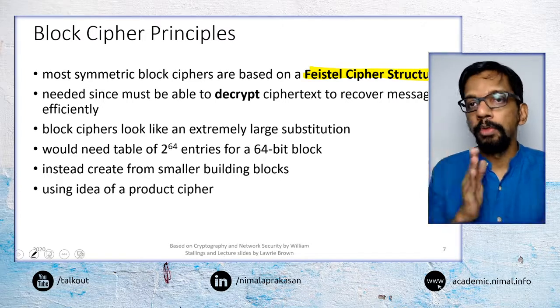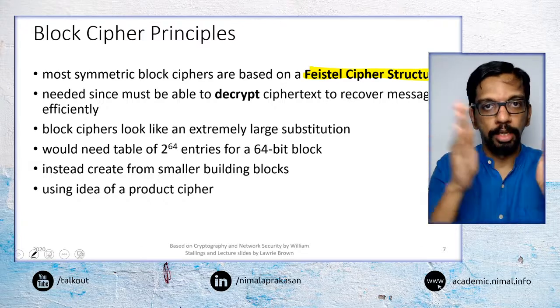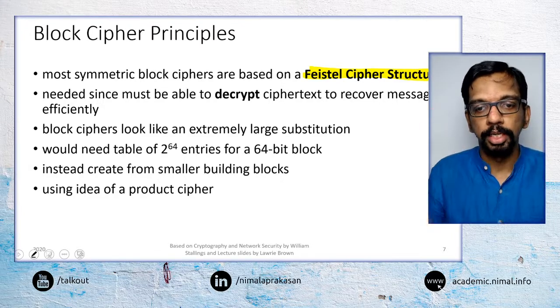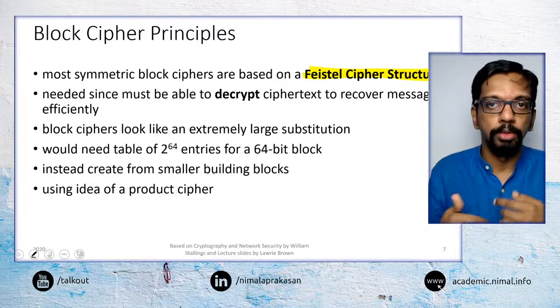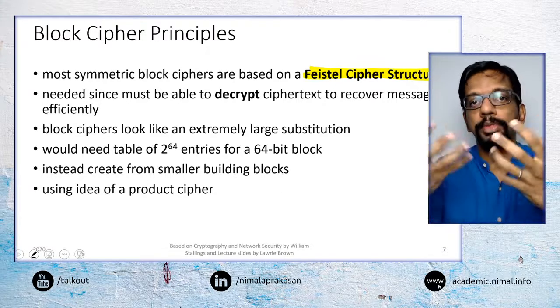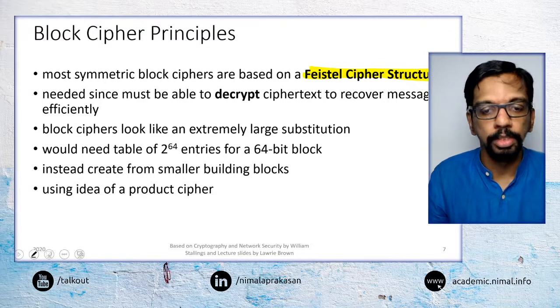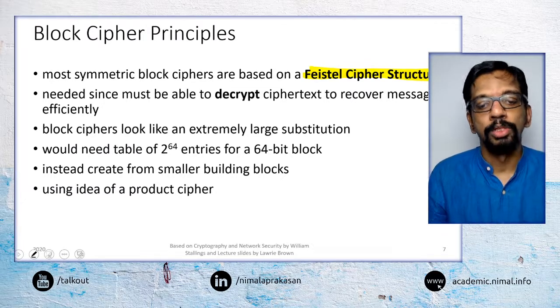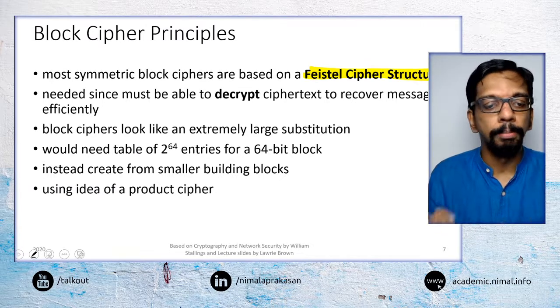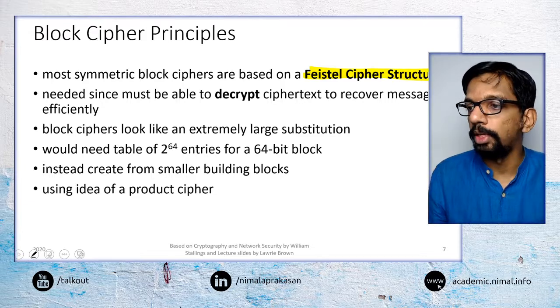Then we would ideally have a block size, splitting the message into blocks of a particular size, and then we do some form of substitution and confusion. We will discuss some of those, and we will come up with the encryption there. That is the basic idea we have with block ciphers.